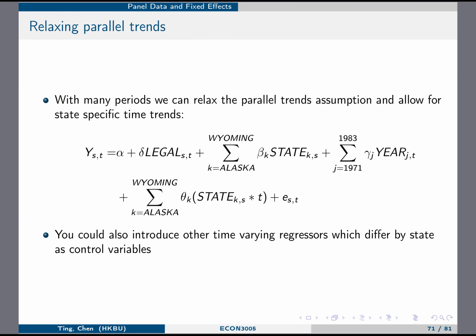We have a theta_k, because we have k states, right? So for each state, for the dummy variable, we multiply by a time trend. For example, for the state of Alabama, we have the years 1970 to 1983 as a time trend, maybe like this. And then for the second state, we control for another linear time trend, and likewise for the third and fourth.